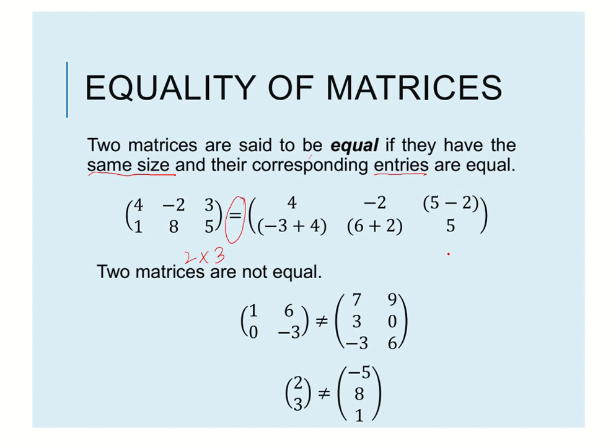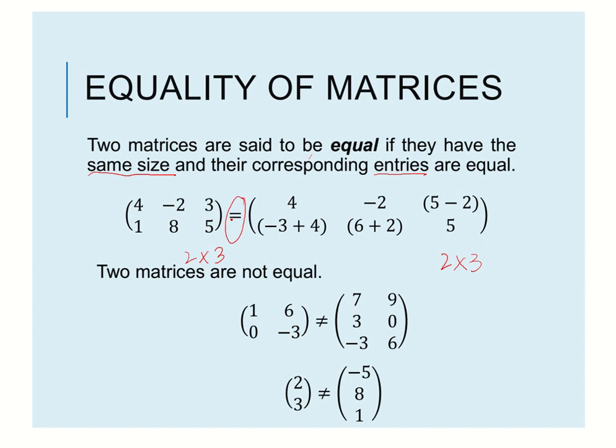All right, now let's check the size for matrix on the right hand side. So how many columns? How many rows? 2 rows. And how many columns? 3 columns. All right, so the first condition has been met. Okay, so they have the same size.